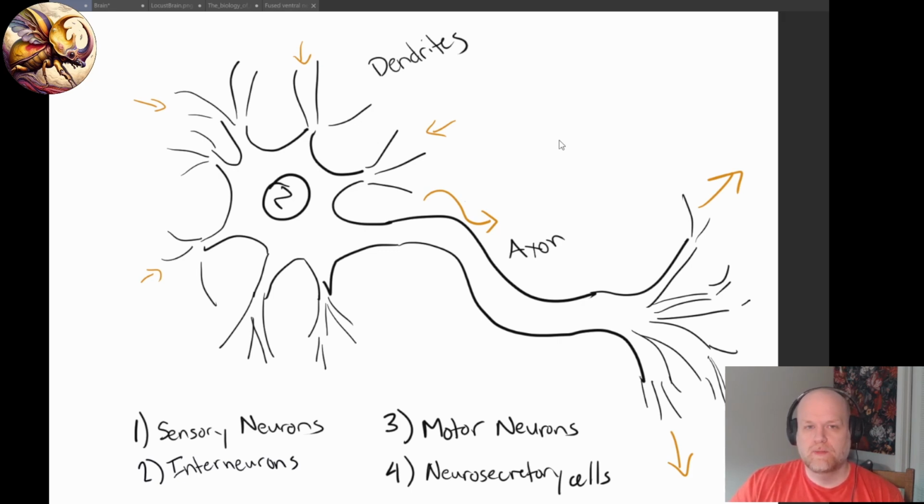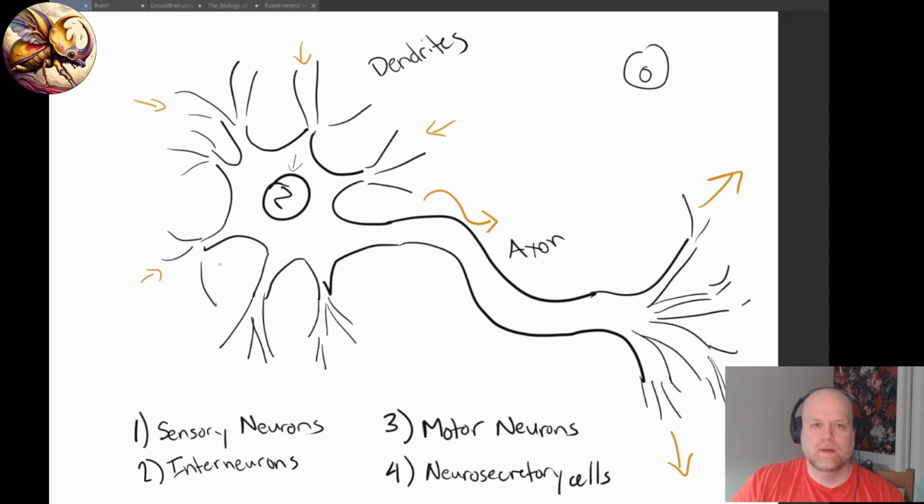So to start off with the insect brain, we have to start with the neuron. I will assume that you know at least a little bit about what a neuron is, but this is the basic cell of the brain and of the nervous system. Unlike other cells, it's not just a glob with a nucleus in it, although there is a nucleus here.